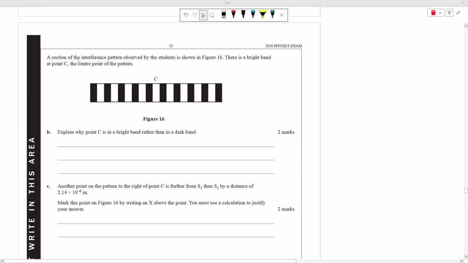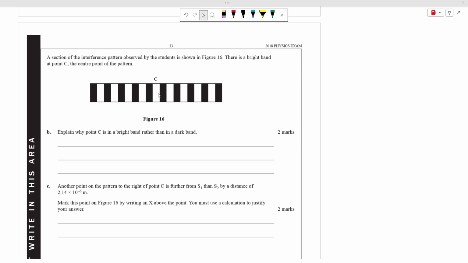Alright, a section of the interference pattern is observed by the students shown in figure 16. There is a bright band at point C, the center point of the pattern, so that's there. Cool. Explain why point C is in a bright band rather than a dark band.